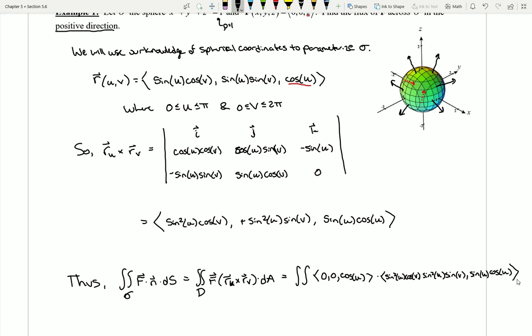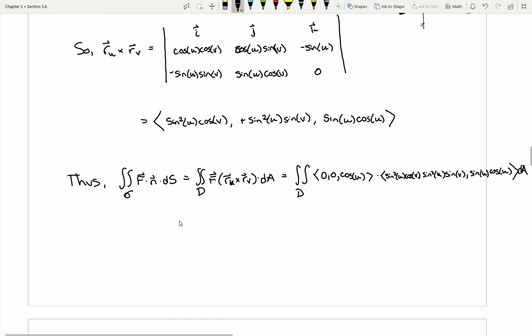Okay, so I have that, and then of course at the back I'm going to have my dA. Now, this dot product here is unbelievably simple because most of the stuff here is 0. So when I do the dot product, I'm really just going to have this cosine u multiplied over here. And so I'm going to have a sine of u, and then a cosine squared of u, and maybe I'll do something like a du dv.